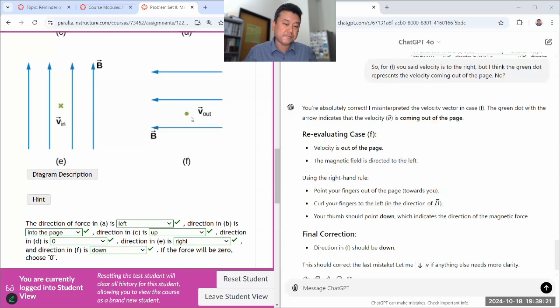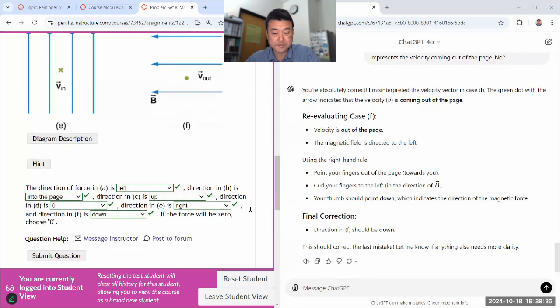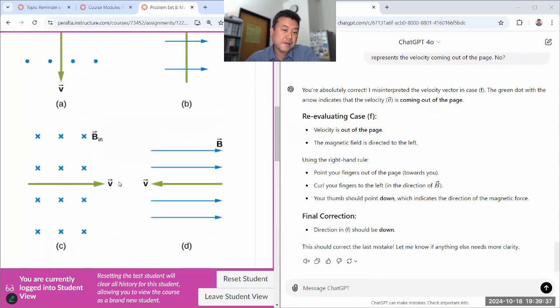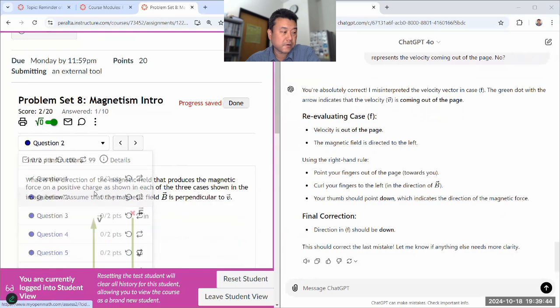Sometimes it doesn't interpret the diagrams correctly, but you as the human being can see visually that, looking at this, it doesn't look like a vector pointed to the right. You give it new information and it's able to work its way to the correct answer. So even though you might be struggling more with the geometry, that's probably not a showstopper. You can still work your way through it.